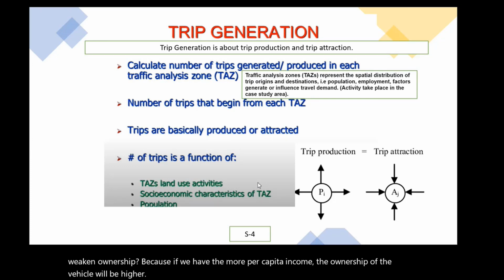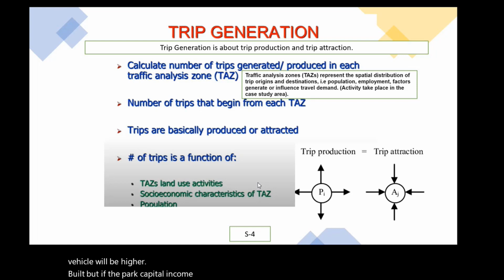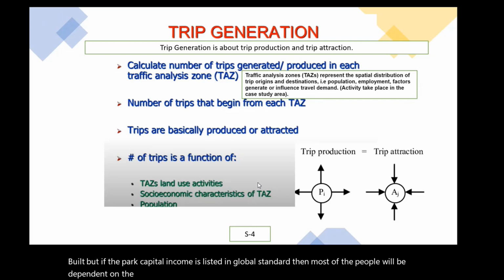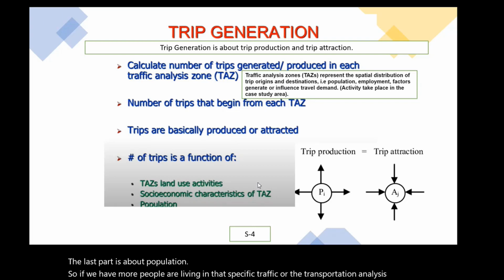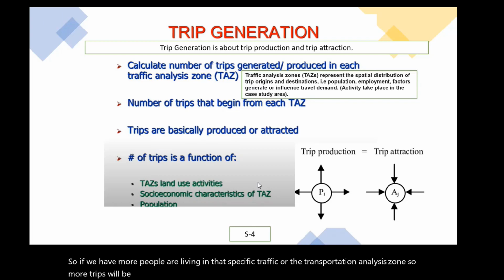But if the per capita income is less than the global standard, then most people will be dependent on public transportation. The last part is about population. If more people are living in that specific transportation analysis zone, more trips will be generated. Those 3 points are related to production and attraction.